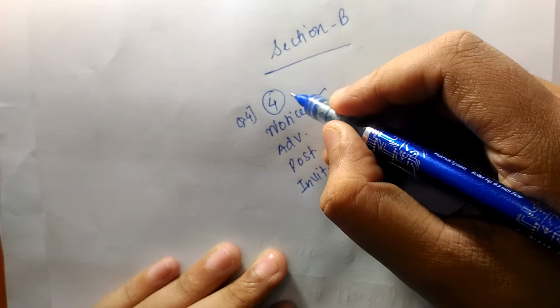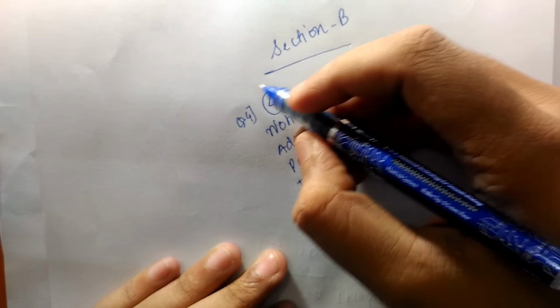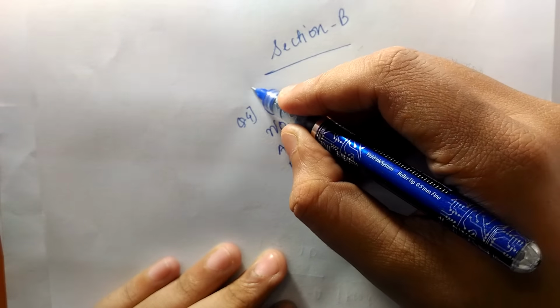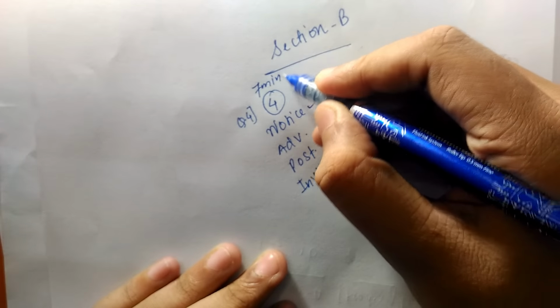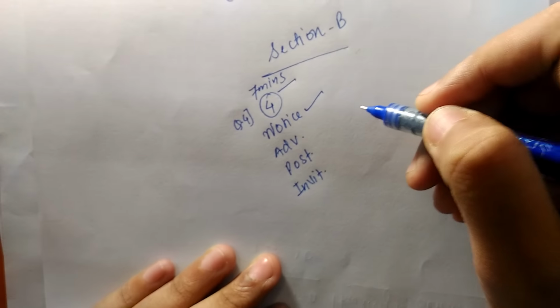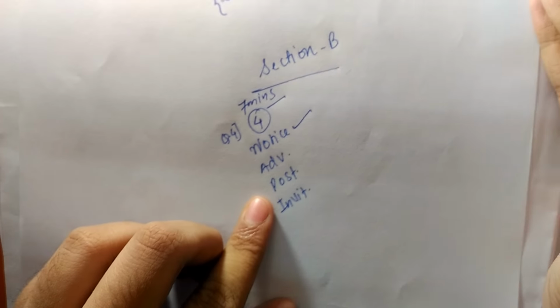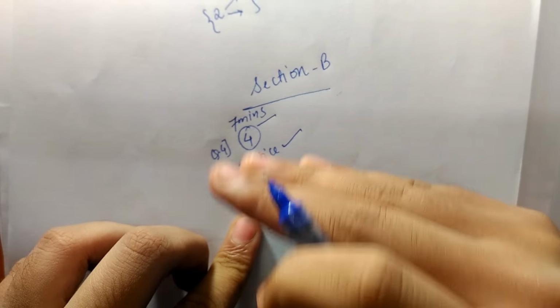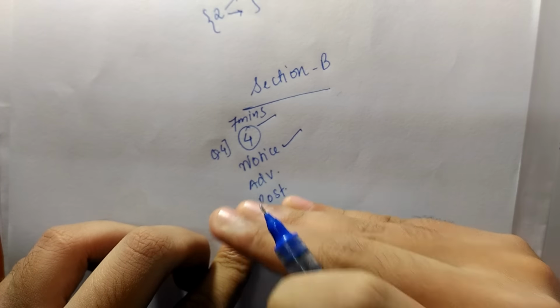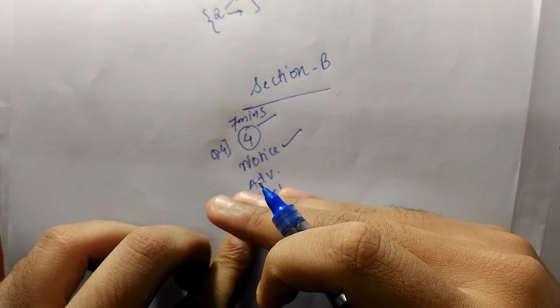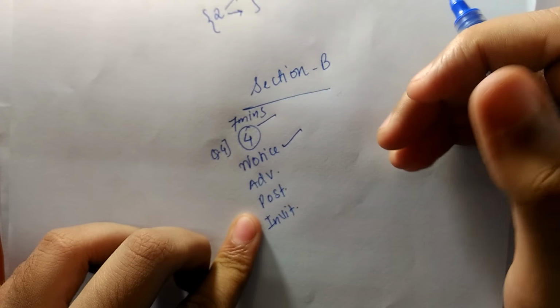It's 4 marks, so ideally you should not spend more than 7 minutes on these questions, because we have very long answer type questions also in section B, and if you spend more time on these, then there is a possibility that you will miss out in the literature section.